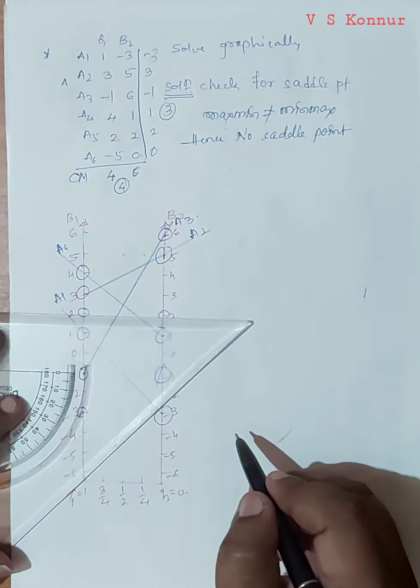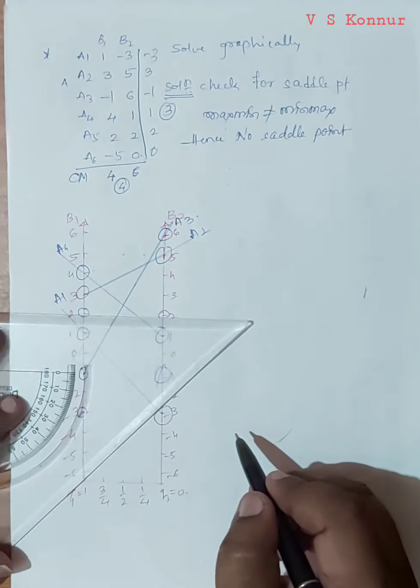SA is equal to A2, A4, then P2, P4. SB is equal to B1, B2, Q1, Q2. Next, find the value of P2. P2 is equal to the same formula, (D minus C) divided by (A plus D minus B plus C).